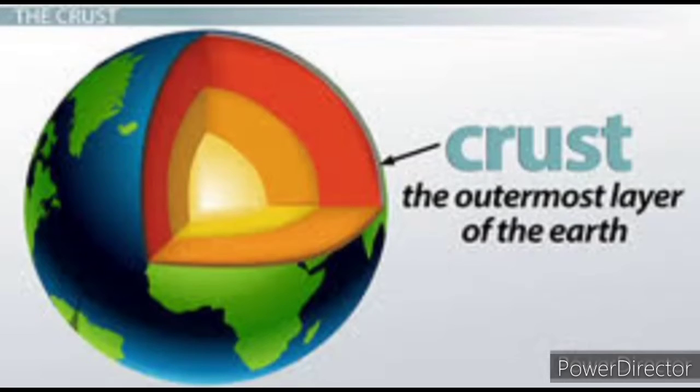Here, the first layer is the crust. As we know, the crust is the outermost layer, visible on the earth's surface, which consists of mountains, plateaus, plains, different kinds of landforms.